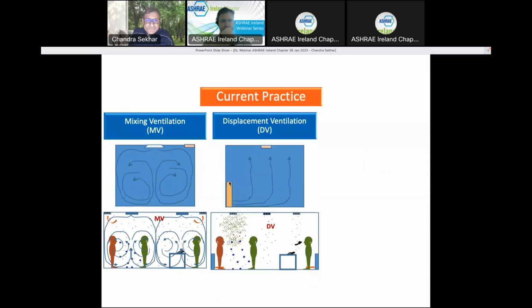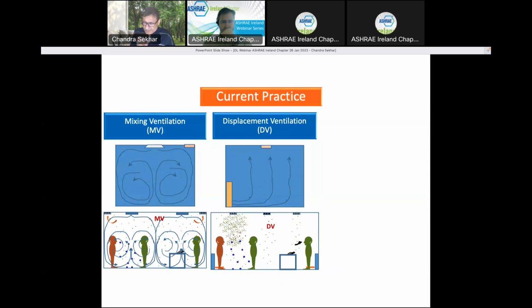Then if you have displacement ventilation, you supply at the floor level or the lower part of the wall, depending on what kind of displacement ventilation strategy we are using. And this allows us to release the particles from within the infected person straight up into the return or exhaust grill location.